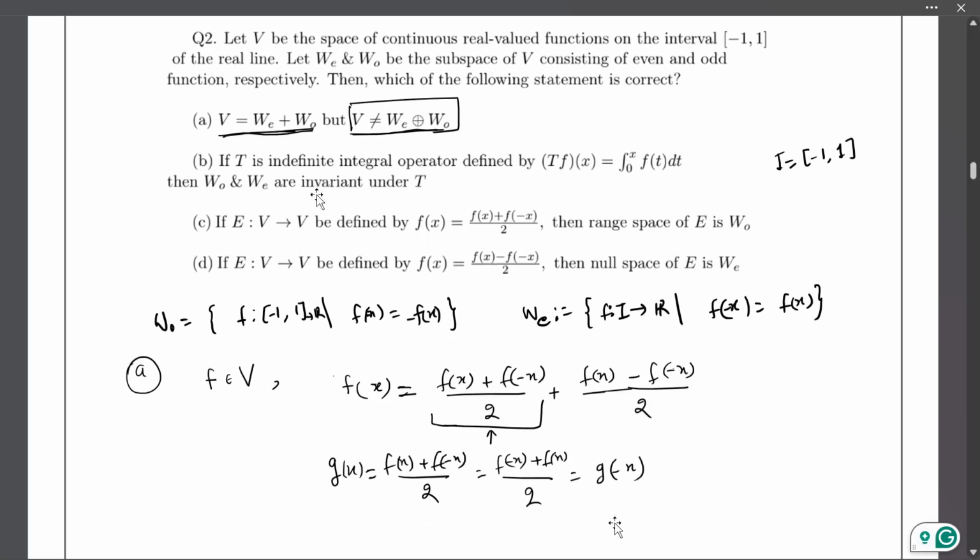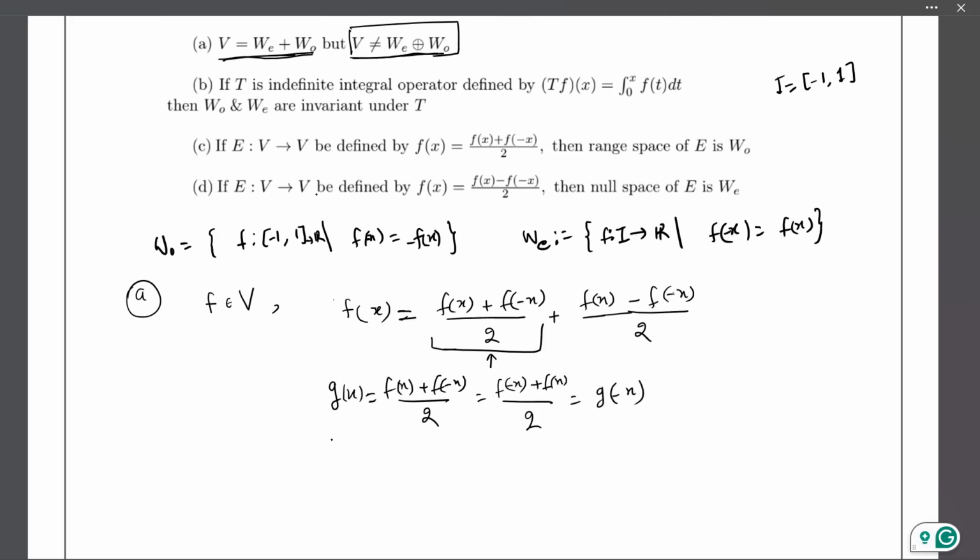So g is an even function, and the other part is an odd function. So every vector can be expressed as a sum of an even function and an odd function. So this part is correct.